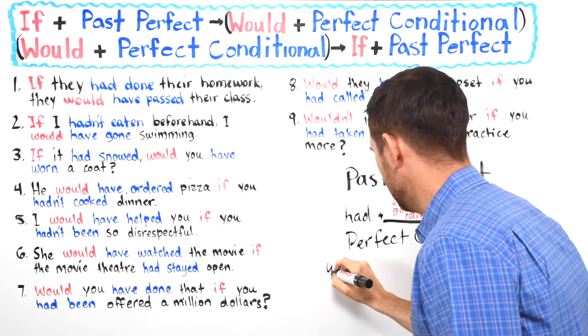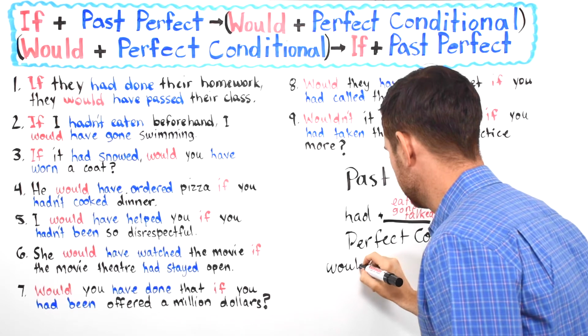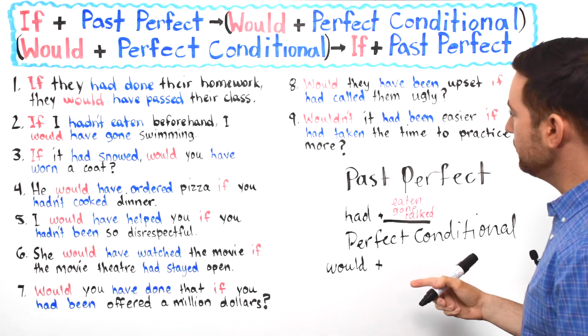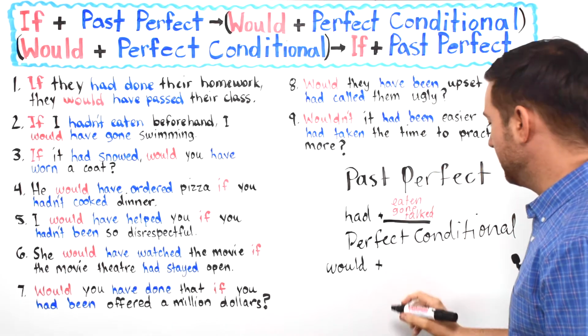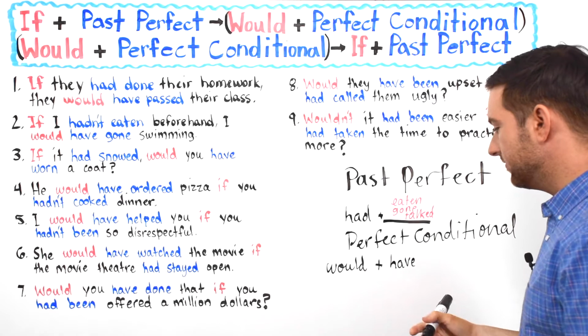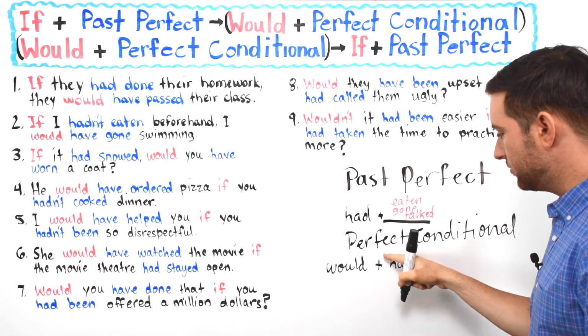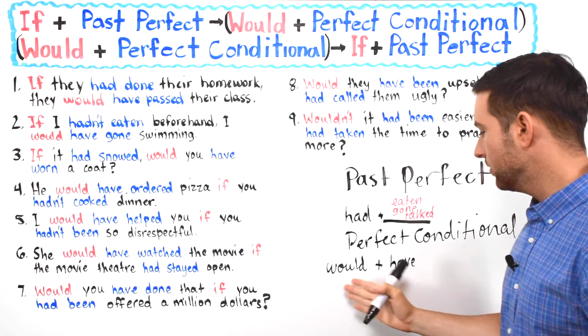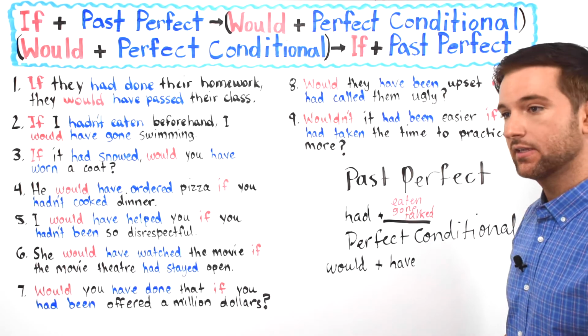So we'll start off with would. Okay, and then we're going to use the verb to have. So just put have. We don't need the infinitive, okay? We don't need to have. We just need have. That's it, okay? So would and then have, okay?